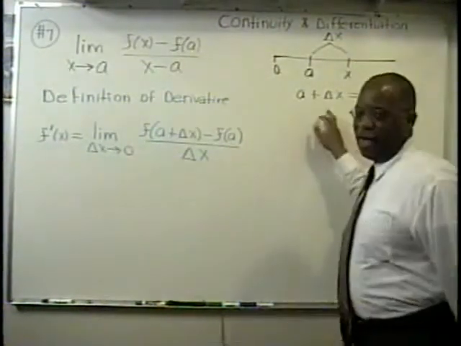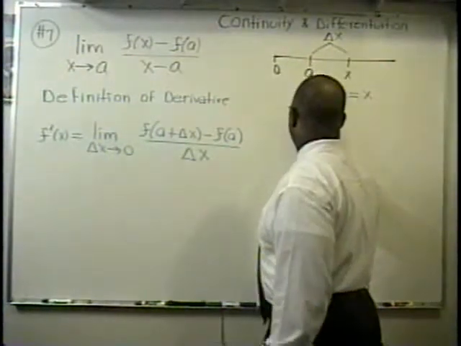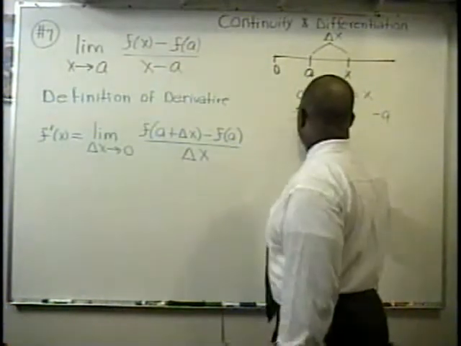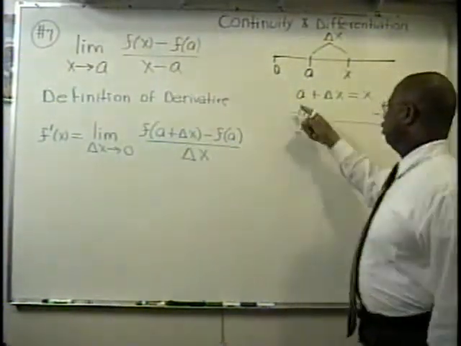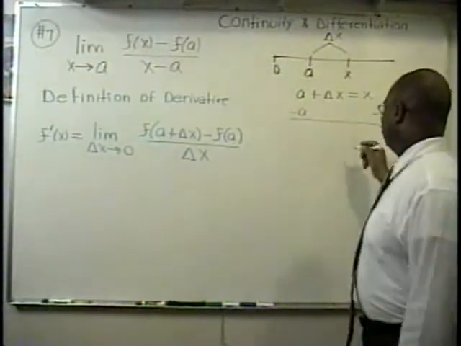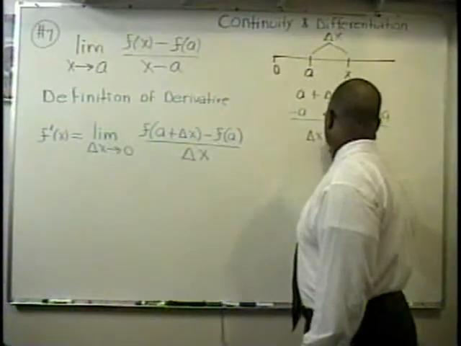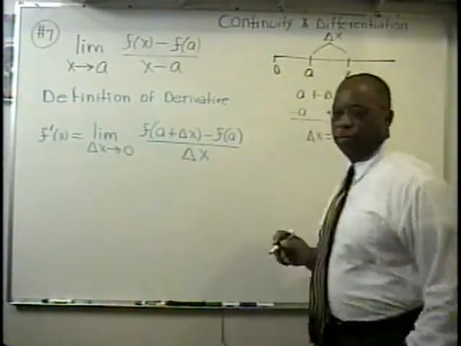From that, using the additive property of equality, if we add negative a to both sides of the equation, using the additive inverse, we find that delta x is equal to x minus a.